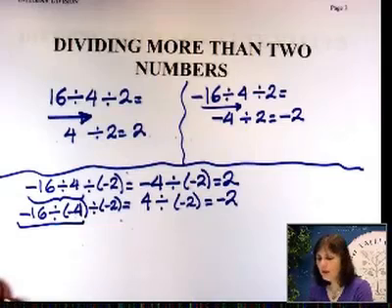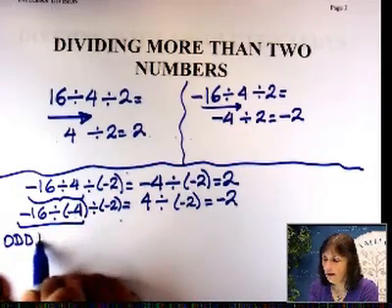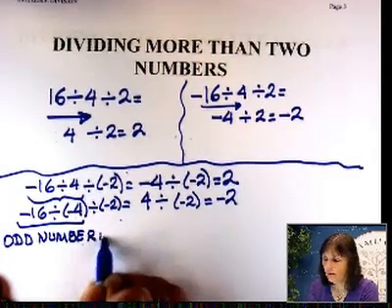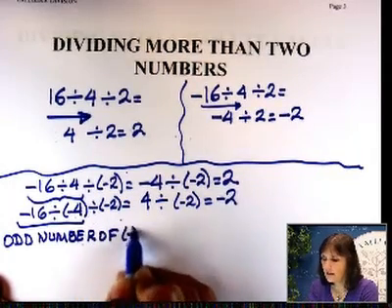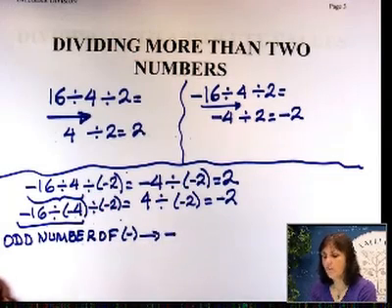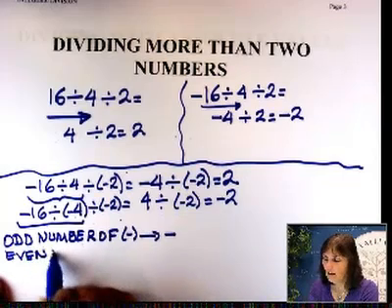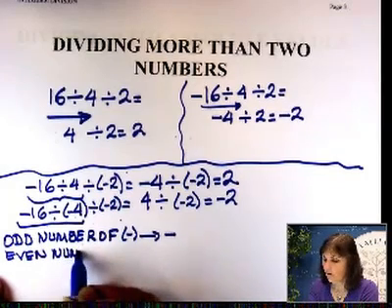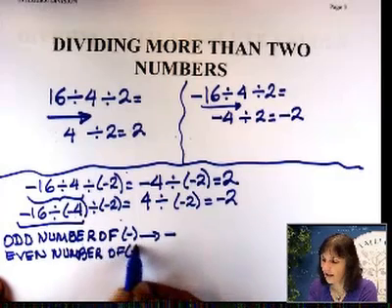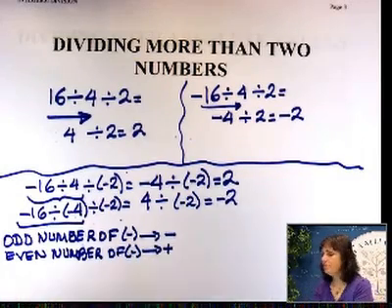Just like in multiplication, if I have an odd number of negatives in a division problem, I'll end up with a negative answer. If I have an even number of negatives, I end up with a positive answer.